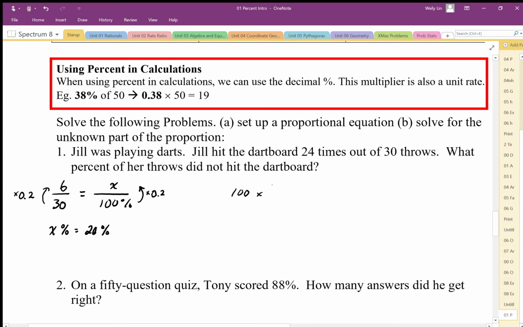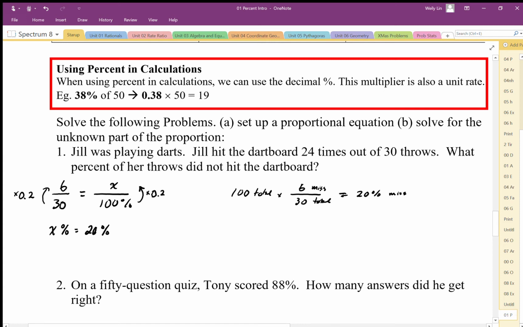This is my whole, this is my total, and we can times it by the part, which is 6 miss out of 30 total. And when you go 100 times 6 divided by 30, we're going to end up with 20 out of 100 that's going to be missing.